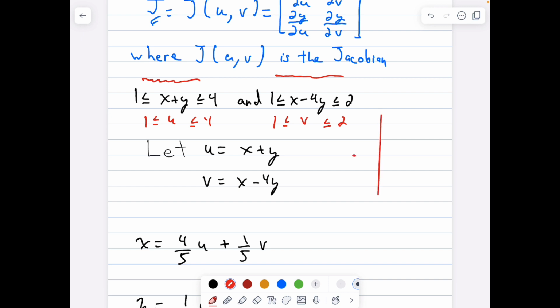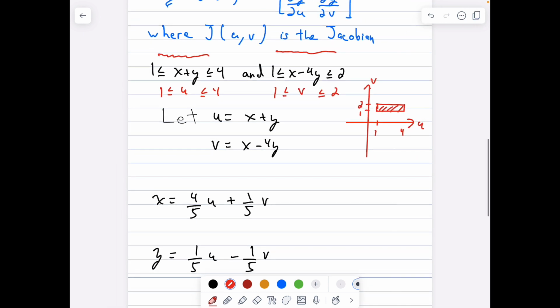If I were to make up a region here with my v and u axes, this would give you a little box to work with, a little rectangle. Here's 1, here's 2, sorry, not drawn to scale, and here's 1 and 4. Equivalently, we could look at it that way.